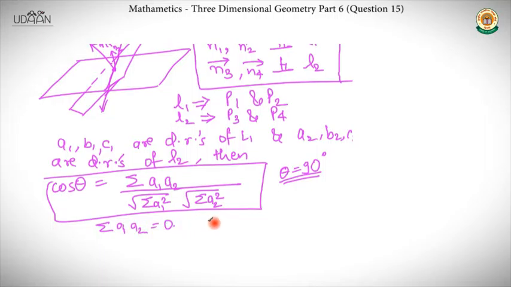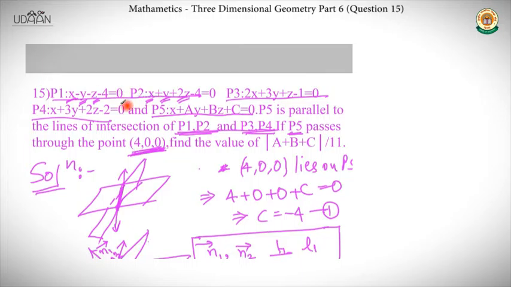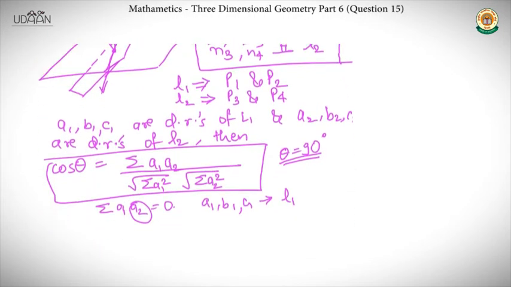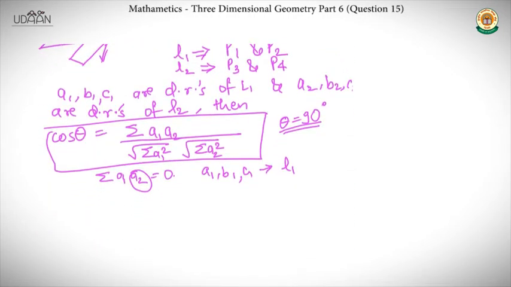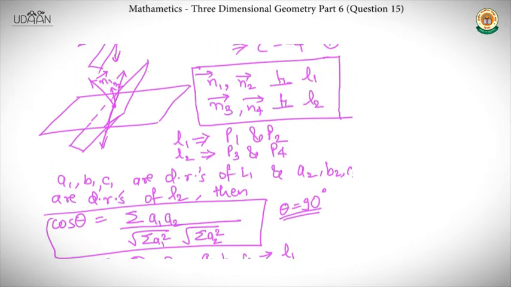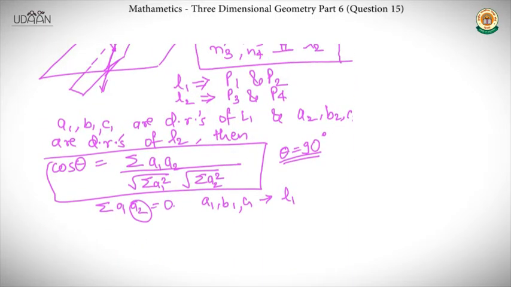Here a1, b1, c1 are direction ratios of L1, and in this specific case this a2 corresponds to direction ratios of this plane.